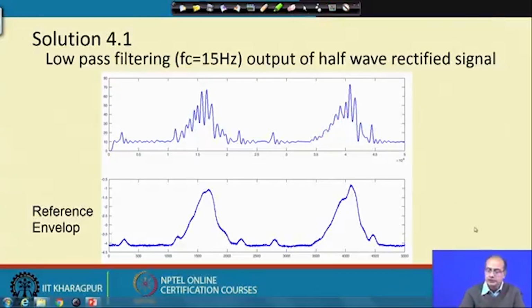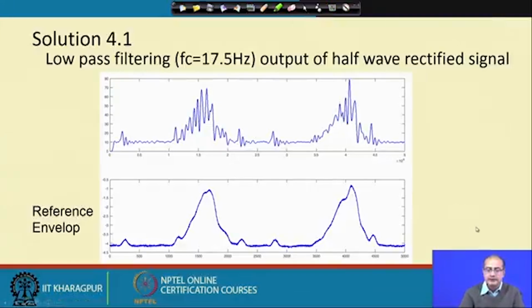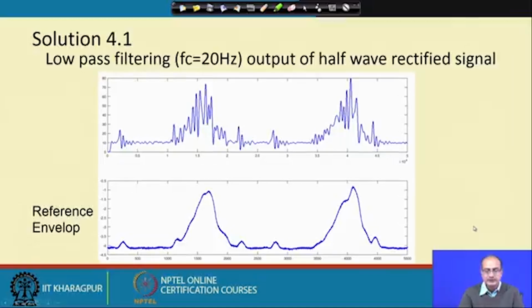Let us move ahead and increase the cutoff frequency further. We are preserving up to 17.5 hertz, and we see that the ripple has increased a little more, and then at 20 hertz we get a further increase.